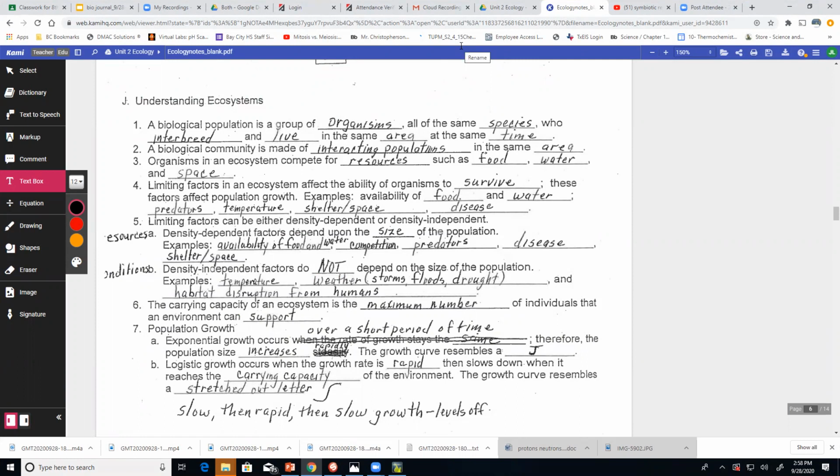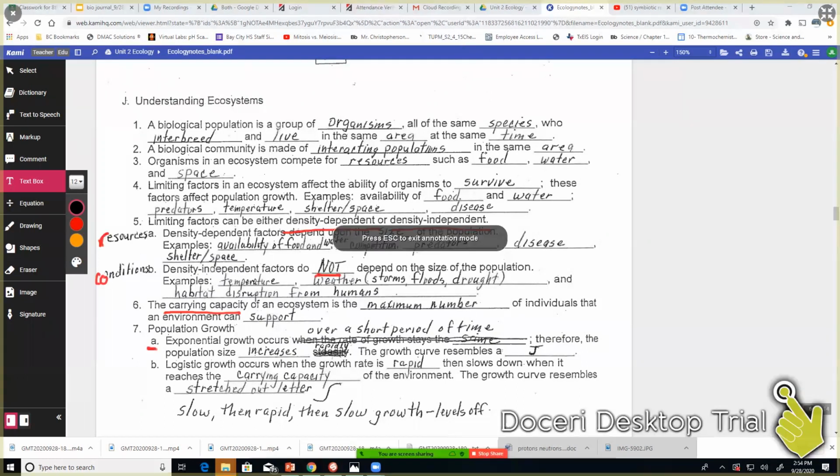When we talk about population growth, it can be one of two kinds. It can be exponential or it can be logistic. Exponential growth occurs over a short period of time. Whenever that happens, the population increases really fast to begin with. Just like if you're doing math, you know what an exponential curve looks like, how it goes very quickly up.